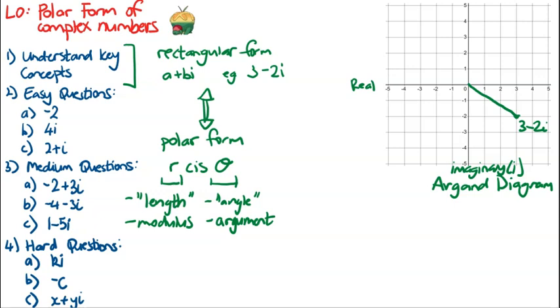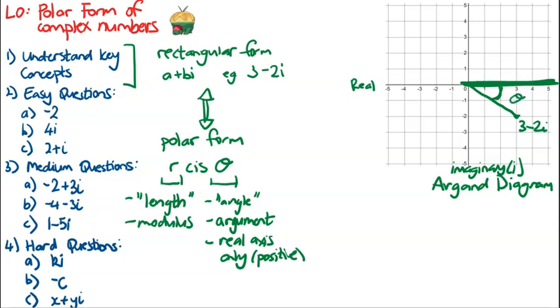So I guess the first thing to note is this angle is in relation to the x-axis or the real axis only. And I do want to note it's the positive part of that. So I'm just going to highlight that on our Argand diagram above. So this part here of the axis, the angle in between this part and the imaginary number, that's often referred to as the argument.